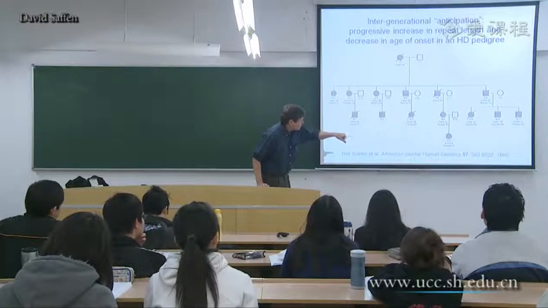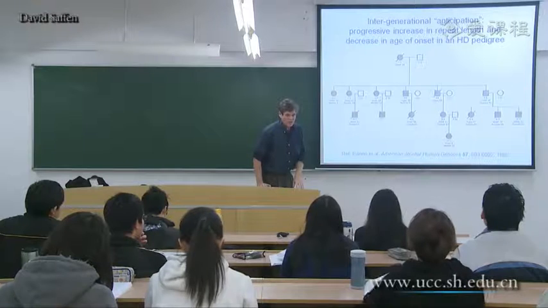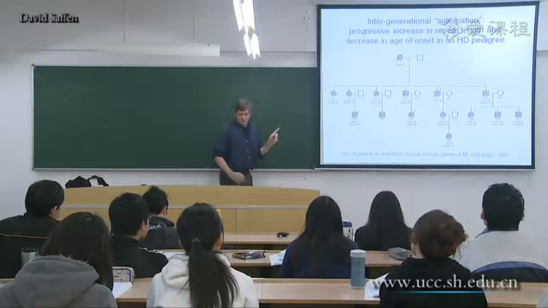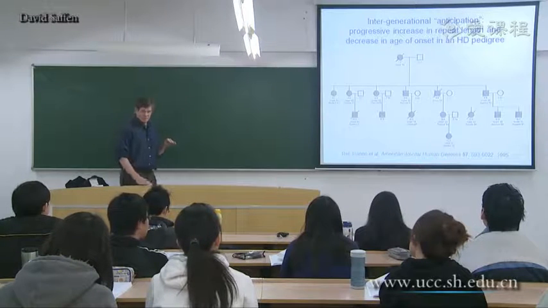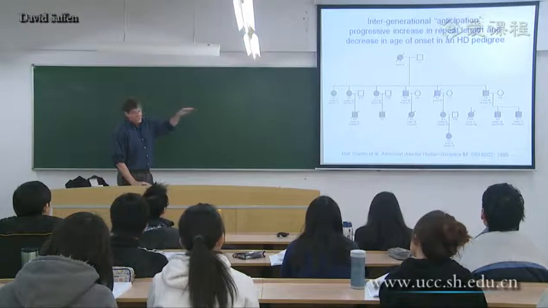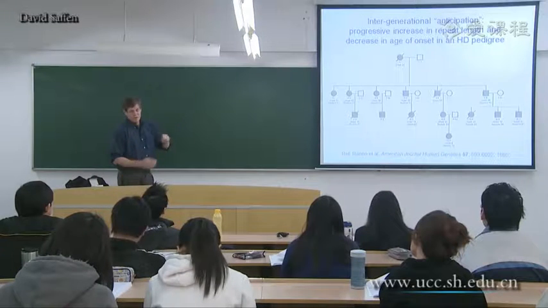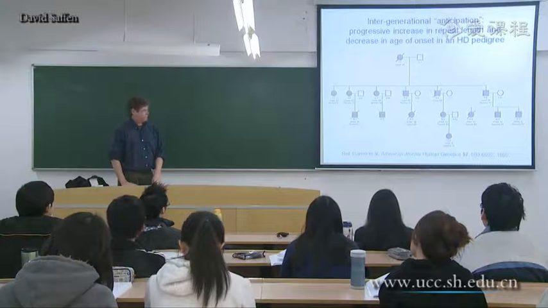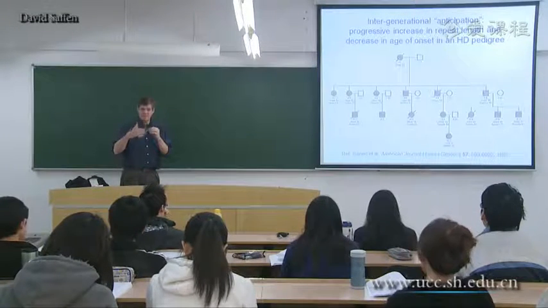And then you go to the next generation, the onset is 9 years old with 78 repeats. So this shows very clearly this phenomenon of anticipation. With every generation, there's a tendency for the repeats to be longer and the onset of the disease to be earlier. And it's thought that it's from the slippage mechanism.